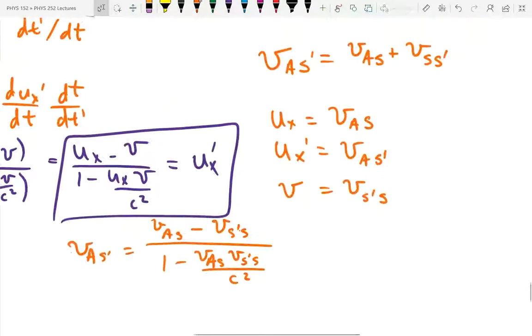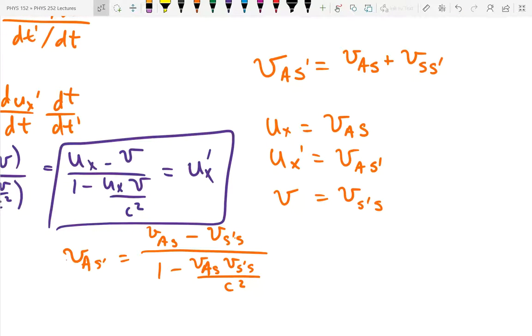Now, if you look, there are two things different. The S prime and S are in opposite order. The only difference in the speed of one reference frame with respect to the other is they're measuring in opposite directions, so I'm changing the sign. If I change the sign, it will change the order as well, or change the order, it will change the sign.